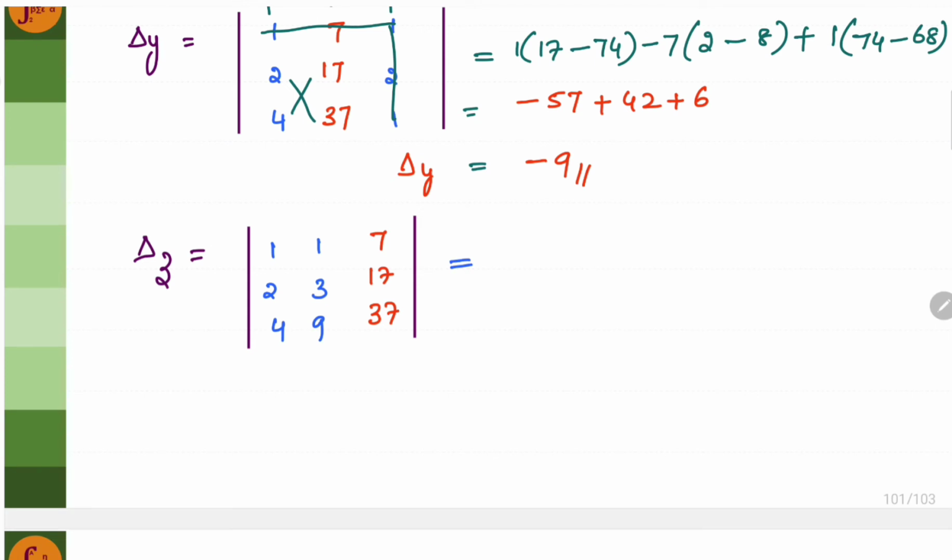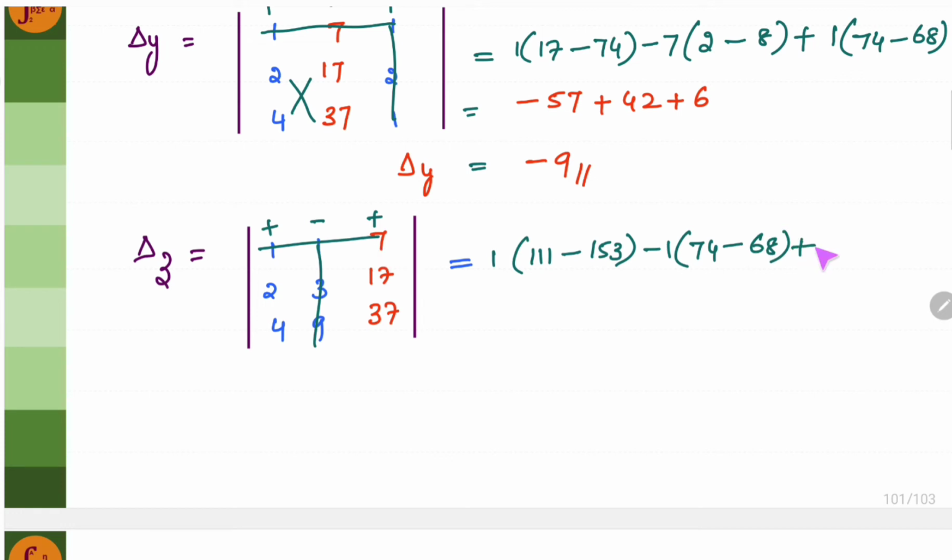Now this will be equal to the first element into this much. So 1 into 37 into 3, which is 111, minus 17 into 9, which is 153. Now we'll take the second element. This is minus, plus. Second element is minus 1 into 2 into 37, which is 74, minus 4 into 17, which is 68.